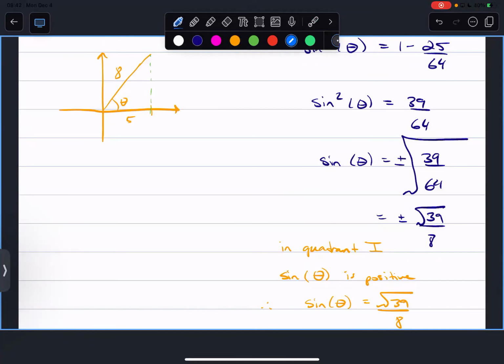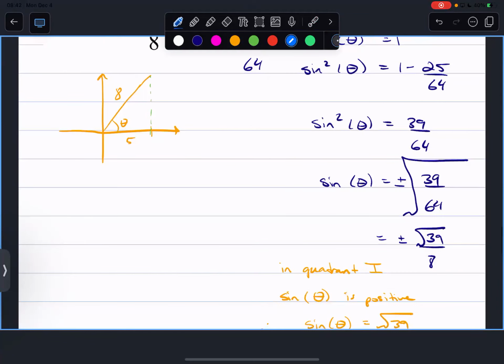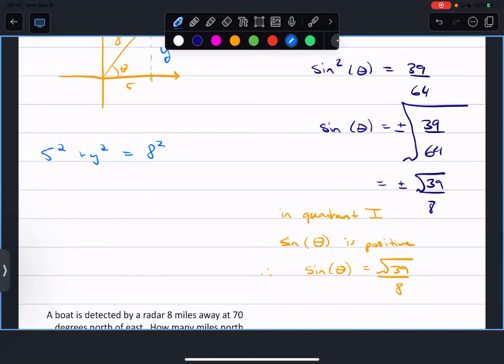How else could you have solved it? Call this y. Then we know from the Pythagorean theorem that 5 squared plus y squared equals 8 squared. So 8 squared minus 5 squared, 64 minus 25.